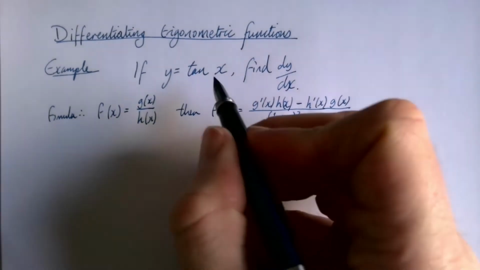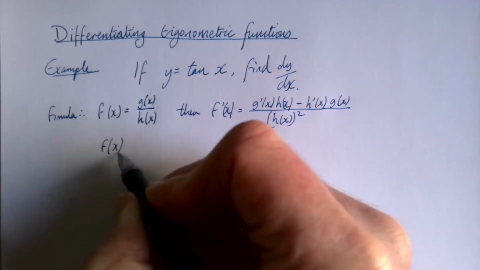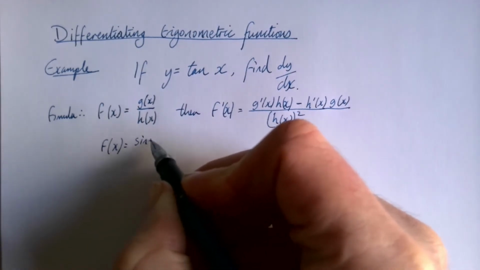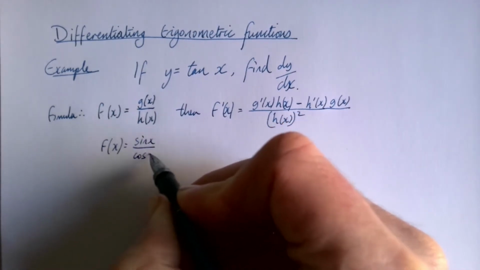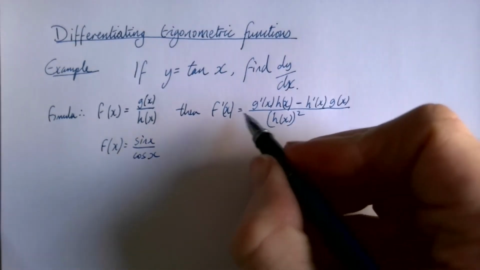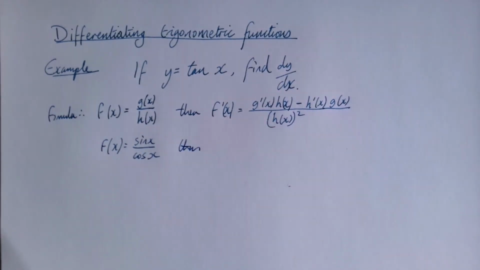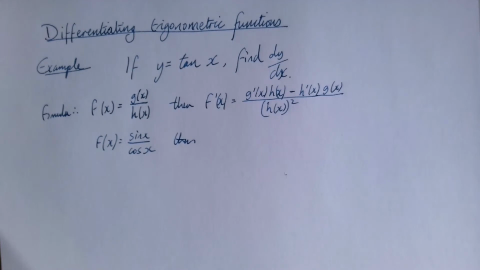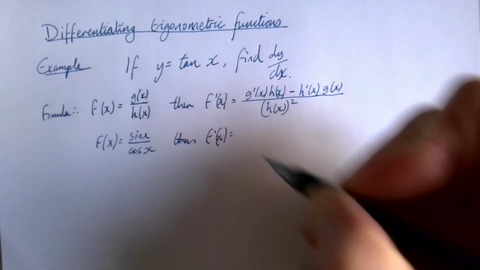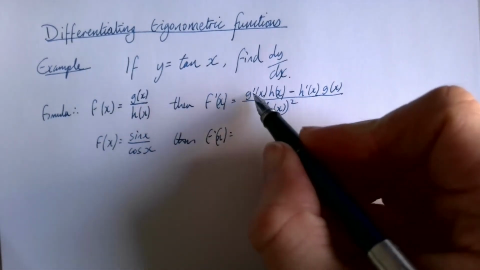So what's that going to look like for us here? Well, if we say that f of x is tan x, then tan x is sine x over cos x. Moving on, we've got our differential being the differential of the one on the top.